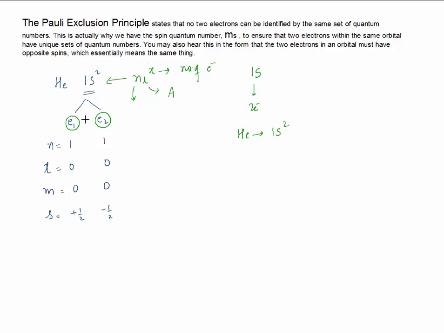What Pauli's exclusion principle says is, no 2 electrons in an atom can have all set of same quantum numbers. This is very important. For example, if there are 2 electrons in an orbital, please remember the n value is same, the l value is same, the m value is same, but this is not same.